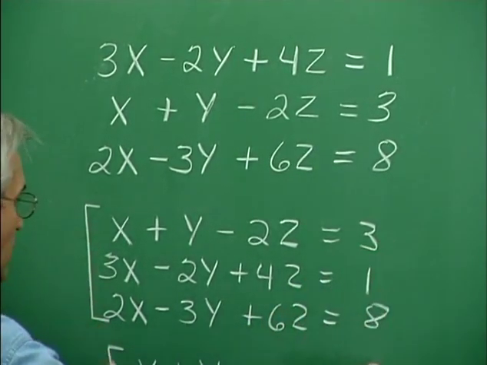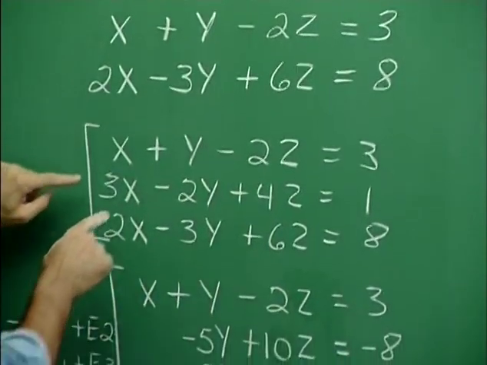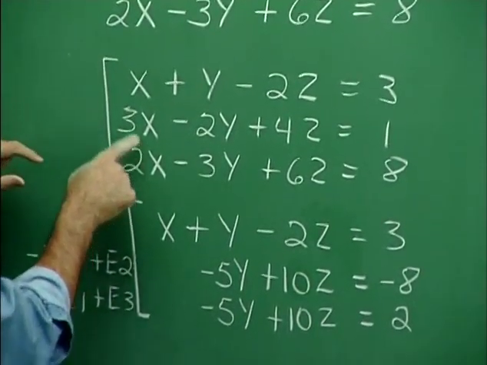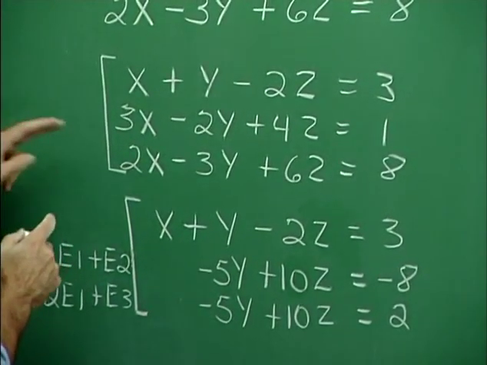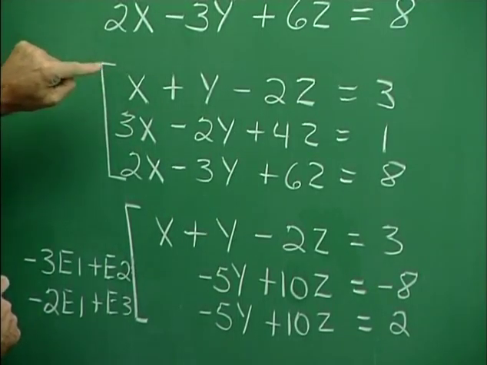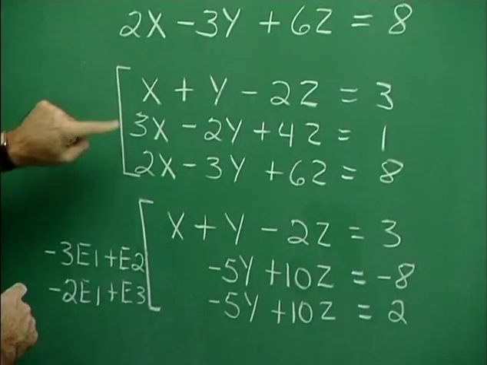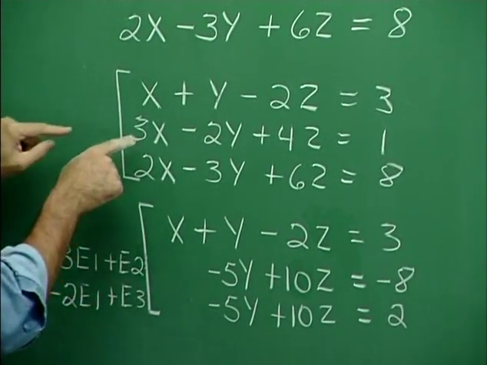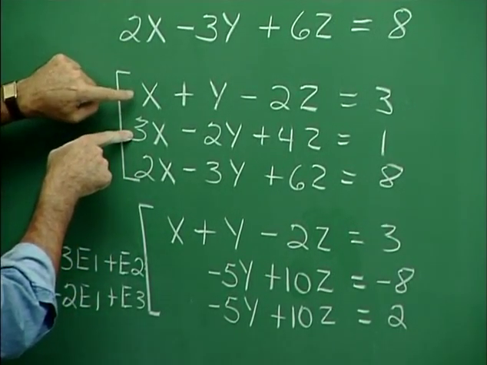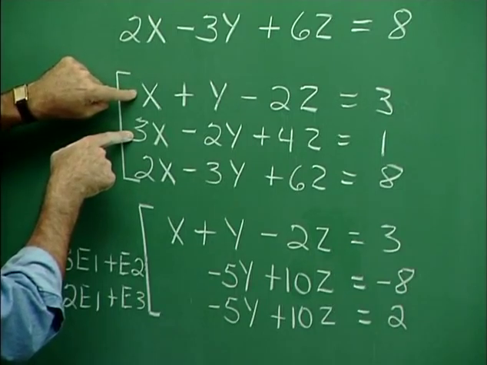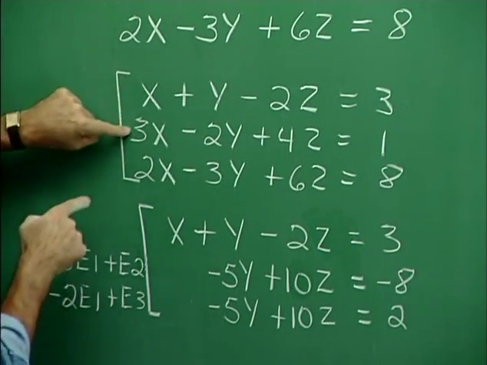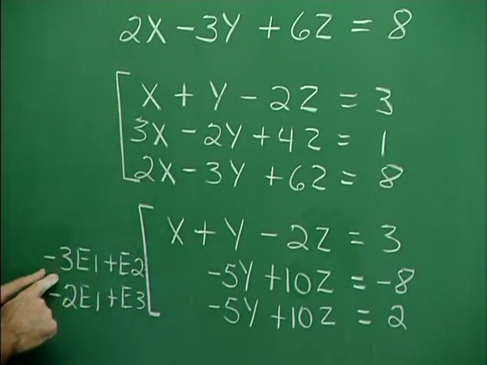We would bring this equation down and then decide what we need to do to cause a 0 to occur in these 2 positions. Well, we would have to multiply in equation 1 and then add equation 2 and add equation 3. To cause a 0 to occur here, we would multiply by negative 3 in equation 1 and then add equation 2. So that's what I'm indicating here.